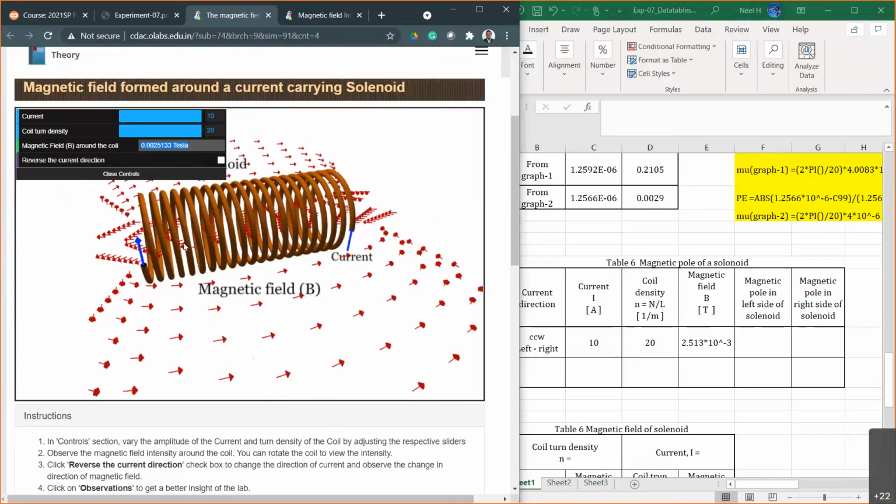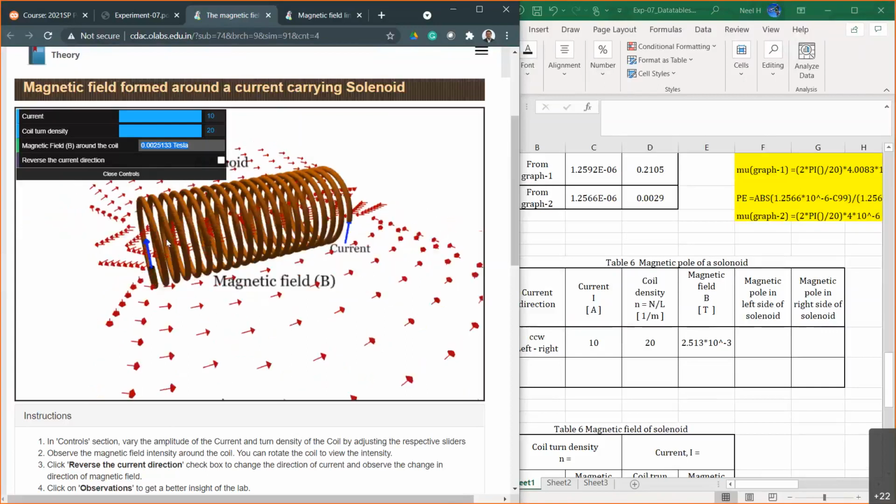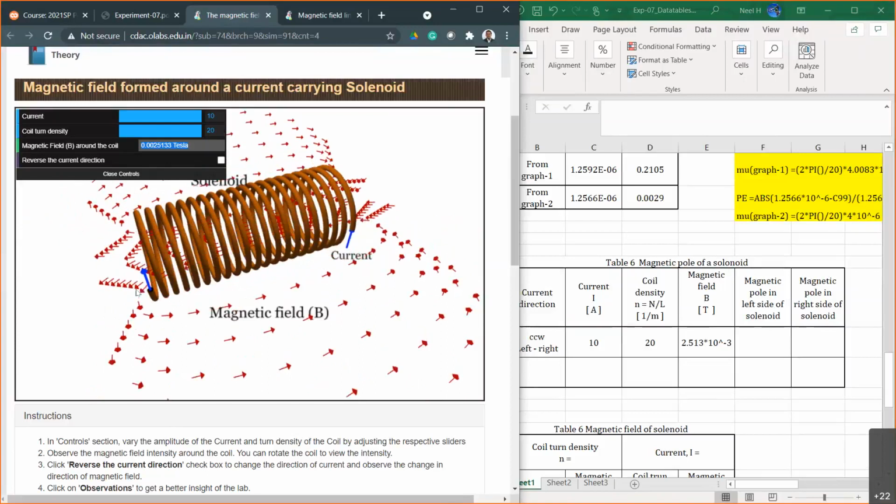Which means if you release a north pole somewhere, it should automatically be attracted to the south pole, okay? In this case, you can see field lines come out from the left-hand side and go to the right-hand side, right? So my left-hand side should be the north pole, and the right-hand side should be the south pole, okay?